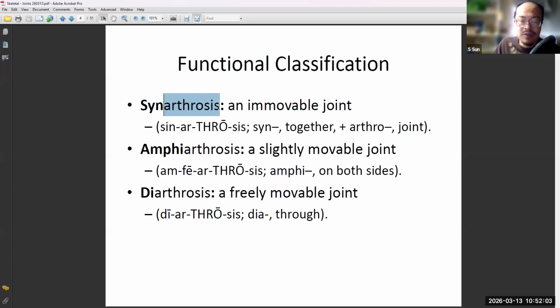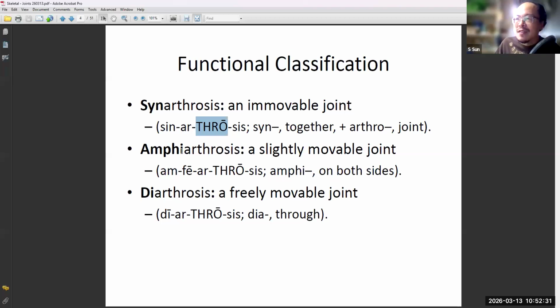If this is a new word to you, just repeat it many times and it becomes part of you. Syn is together, arthrosis is joint. So synarthrosis is one where you cannot move it. It's bound together.